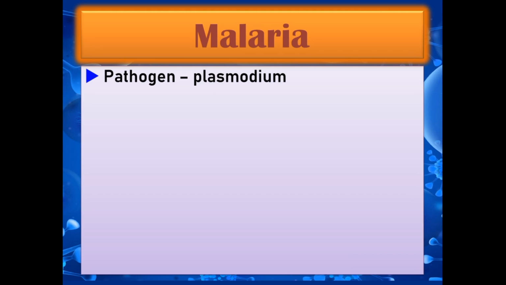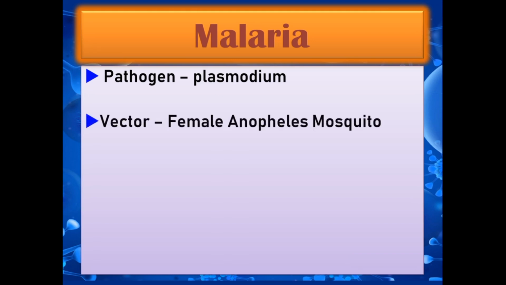The name of the disease is malaria. The pathogen is Plasmodium. And who carries this pathogen? The vector, that is female Anopheles mosquito. As you know, when we take mosquitoes, the females always suck the blood, whereas the males are vegetarians, they only suck the plant juice or plant sap.